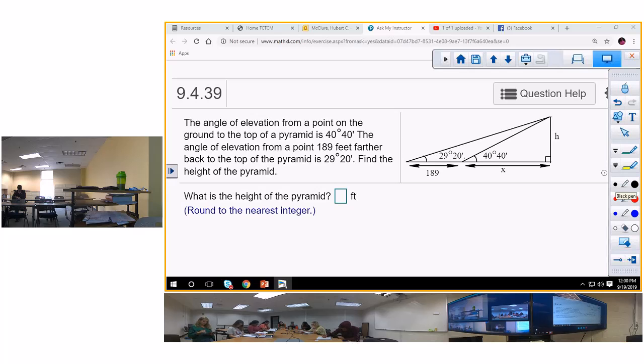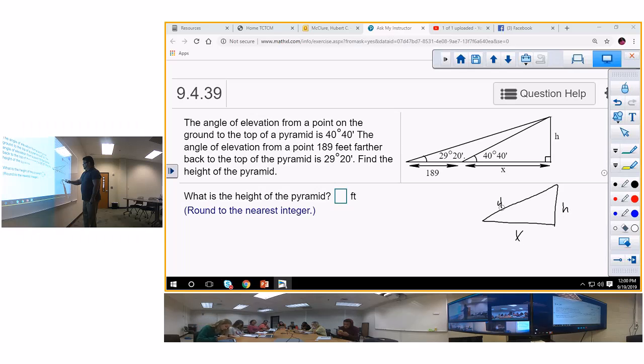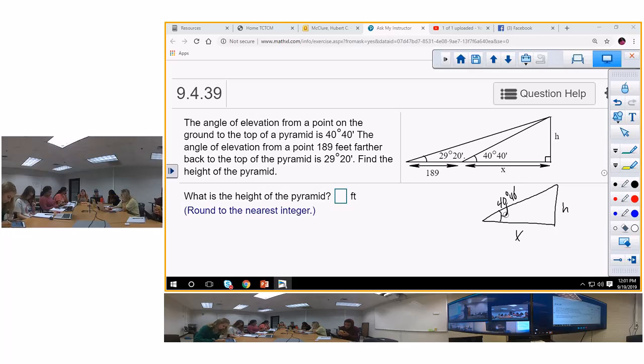I'll go ahead, and I'm going to draw in black because it's hard on the eyes. I will say that blue and that yellow is hard on the eyes. Oh, it is now. Yeah, I don't want to punish you. 40 degrees, 40 minutes. And this is, I'm not going to worry about it.